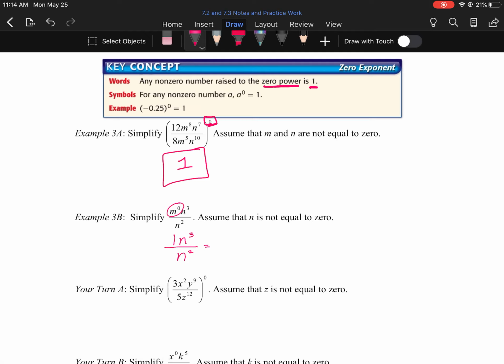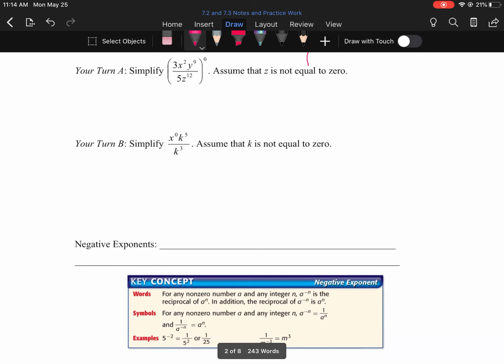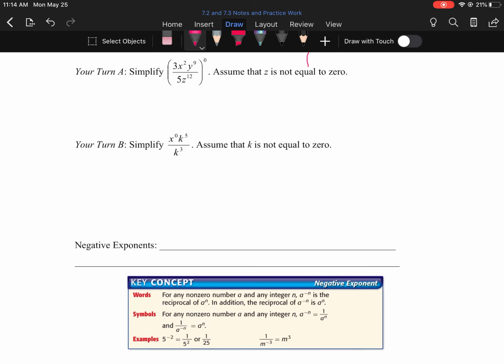I have 3 in the numerator, 2 in the denominator, so that means I have 1 left over in the numerator. So my answer is just n. If we did it the other way, it would be n to the 3 minus 2, which is n to the first, which is just n. All right, so take a moment, try those two your turns, A and B, and then we're going to start looking at negative exponents.